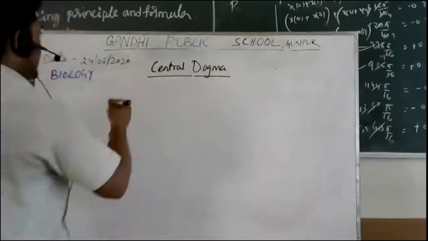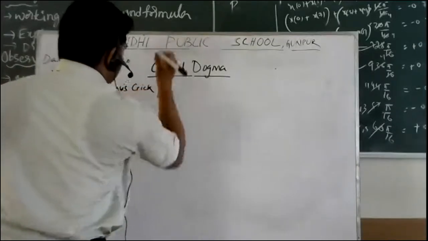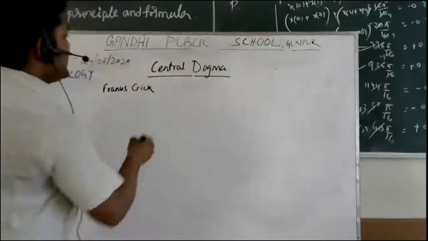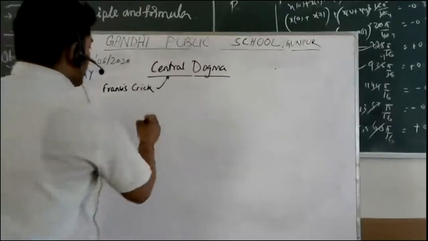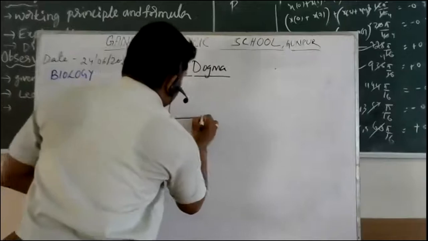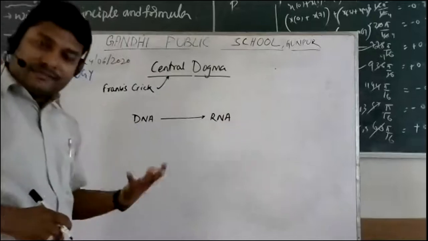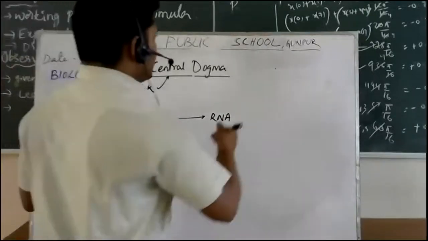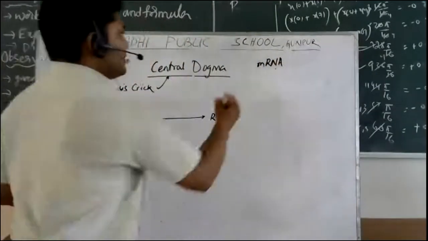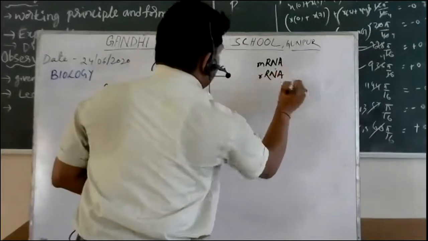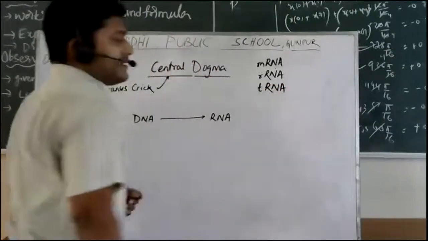During this time, the same scientist, Francis Crick, gave the central dogma of molecular biology, which we all know is nothing but DNA gives rise to RNA. There are different forms of RNA: messenger RNA or mRNA, ribosomal RNA or rRNA, and transfer RNA or tRNA.